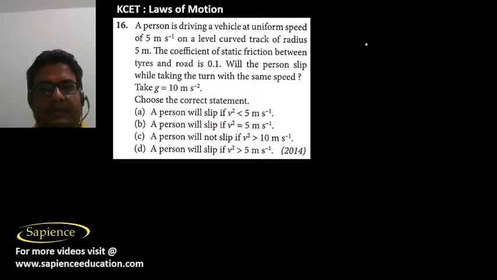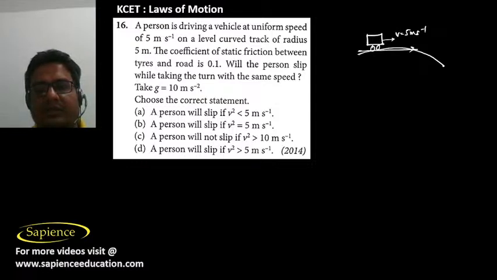Then it is told a person is driving a vehicle at a uniform speed of 5 meter per second on a level curved track of radius 5 meter.